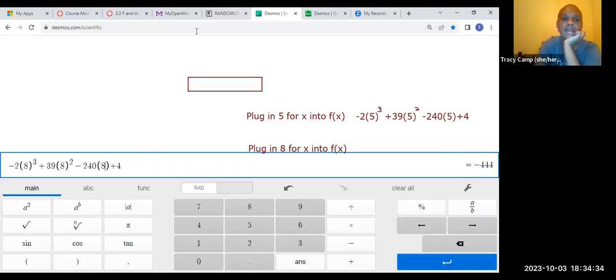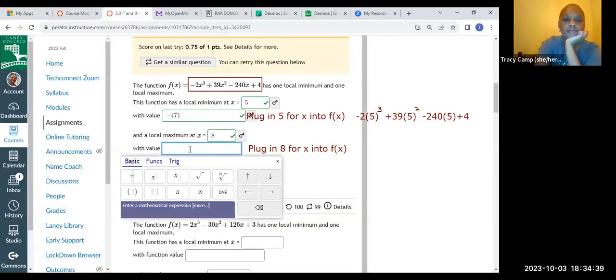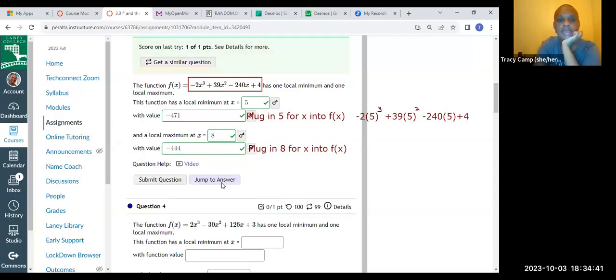I get -444. Yay, wow. There's not a huge difference between the local max and the local min, but that's how it is.